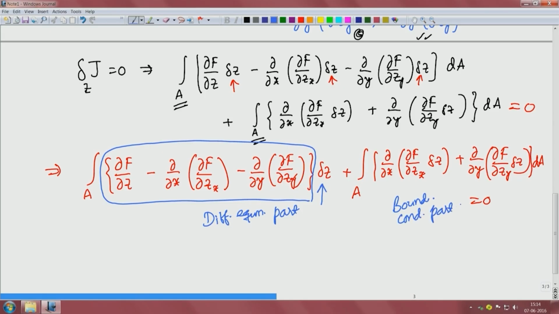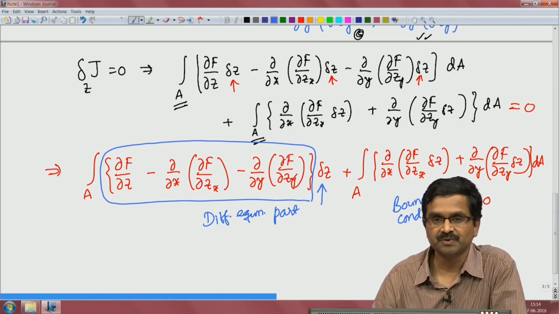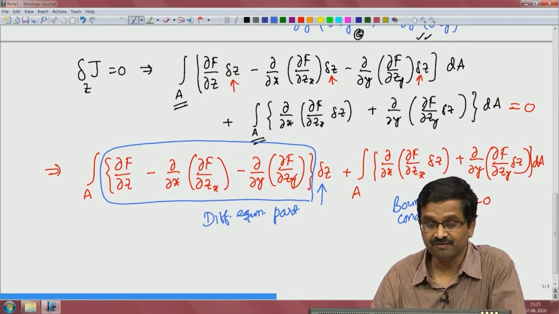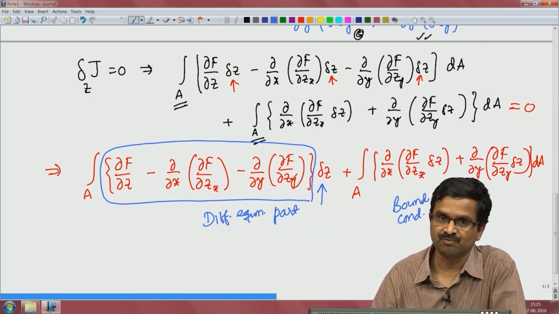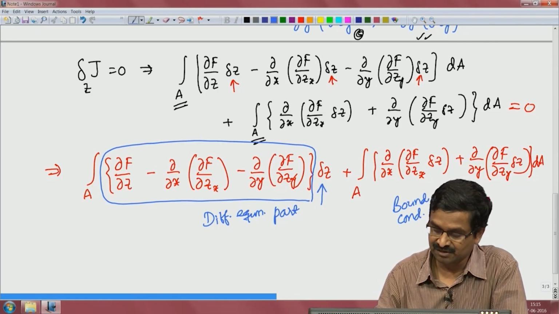Both parts are equal to 0. We make the individual ones equal to 0 because, with some delta z, you could make it work so that the individual parts are not 0 but together they are 0, but that is not enough because delta z is arbitrary, it should work for anything. That is why we make each individually 0.